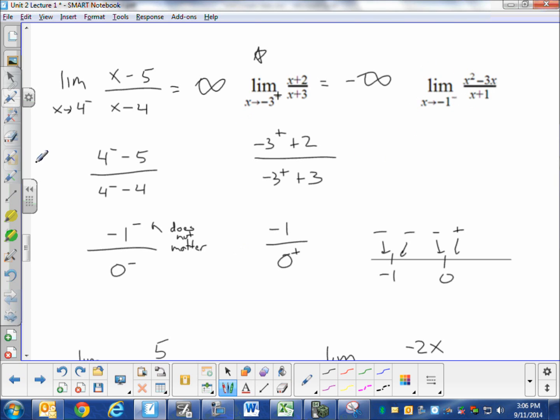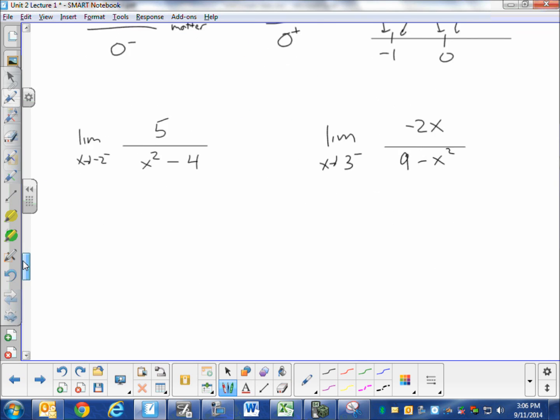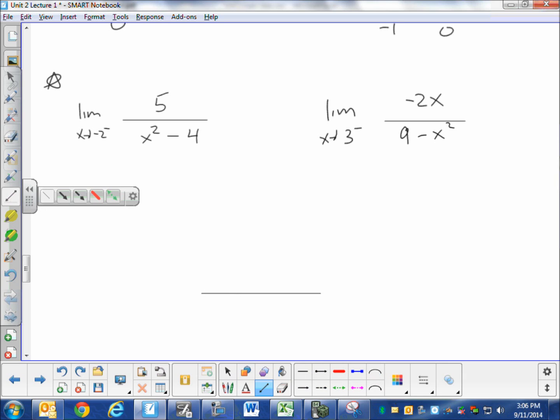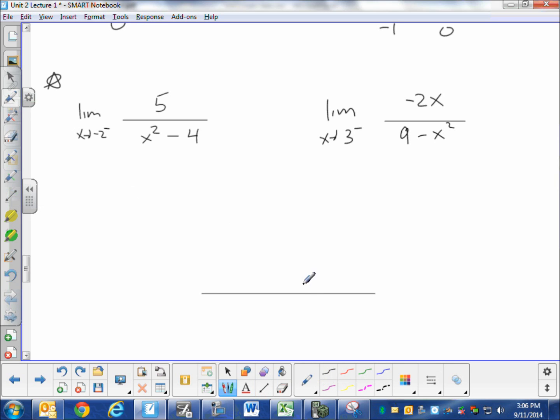This one's really similar. We'll skip it. I want you guys to try this guy. Think about that thought process and go for it. And then talk through it with the neighbor. Number lines sometimes help with from the left and from the right.